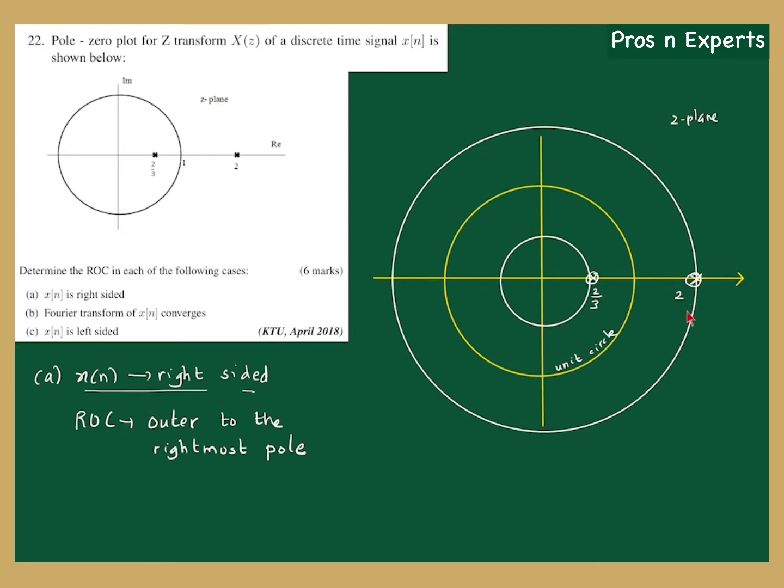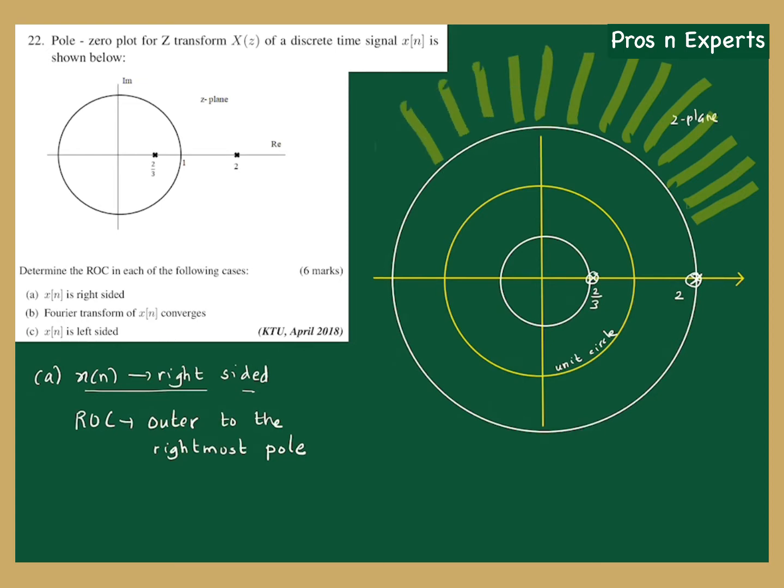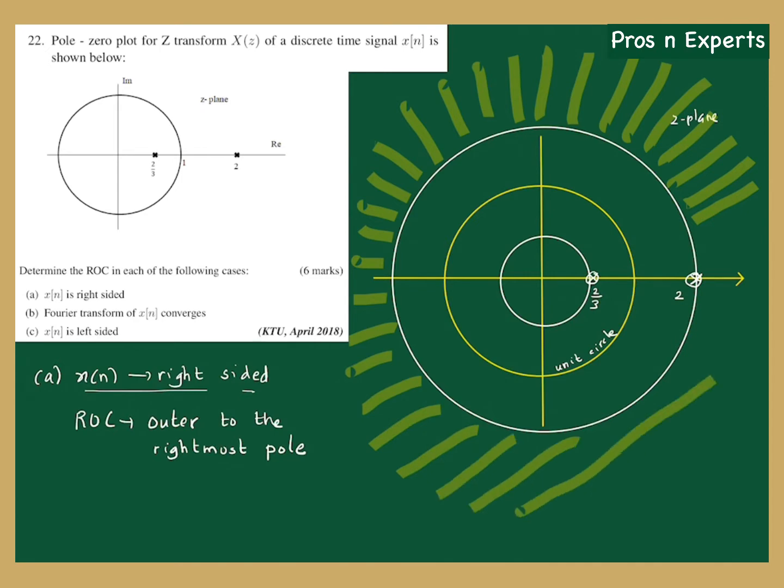So you can see a circle bounded by the pole 2. For x of n to be right-sided, the ROC should be outer to the outermost pole, or rightmost pole. So I can draw the ROC as the entire region outer to the outermost pole. So this region could be the ROC. Okay, so that is the answer to question A.